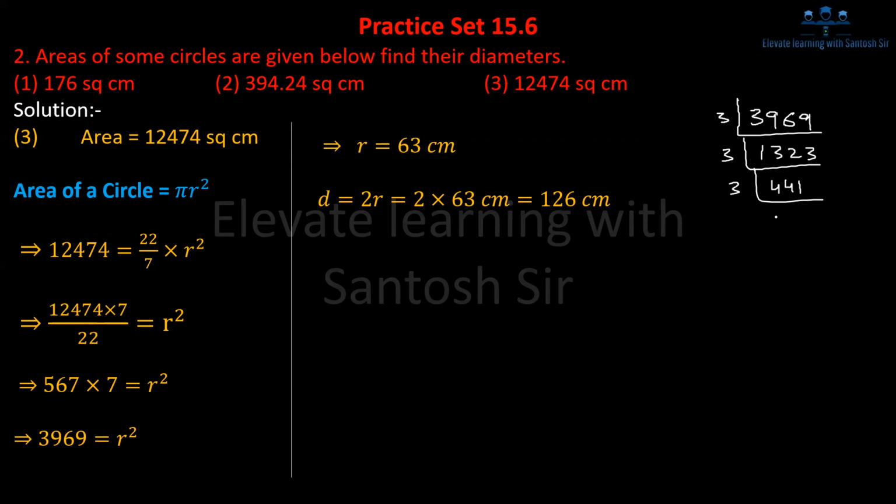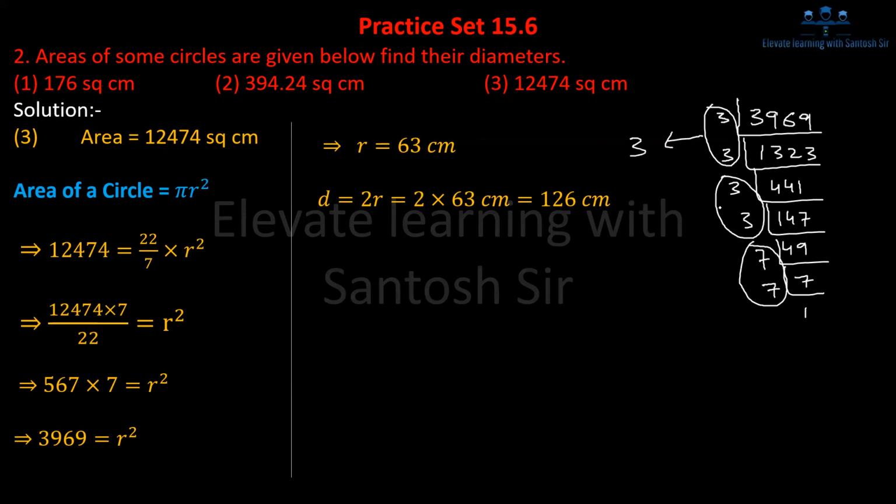Once again, we can go with 3, 3 1s are 3, 3 4s are 12, 3 7s are 21. Once again, 3 4s are 12, 3 9s are 27. 7 7s are 49 and 7 1s are 7. Make pairs of identical numbers. Because you are finding square root, make pairs of identical numbers and then take one number out.